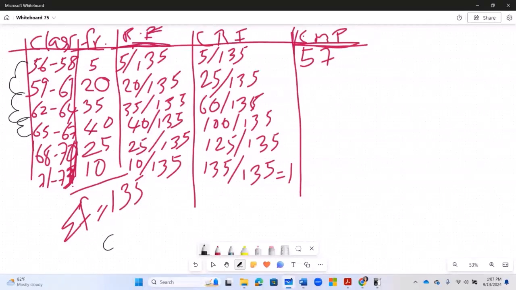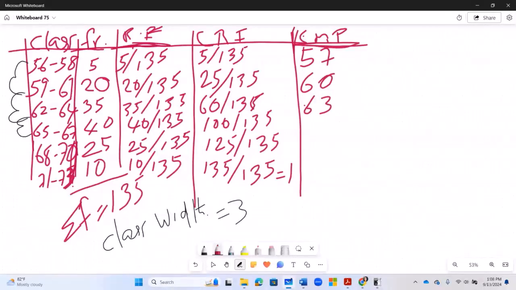Therefore, I'm going to write it here: class width, or class size, is 3. And since I know the class width is 3, the class midpoint of the next class will be 57 plus 3, which is 60. 60 plus 3 is 63.